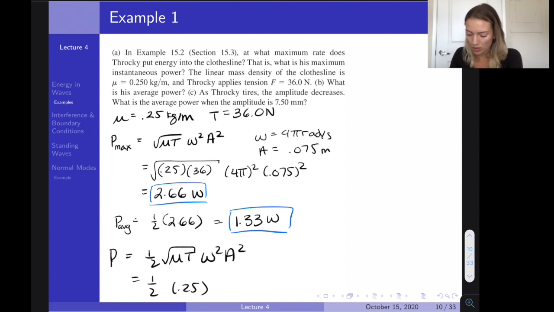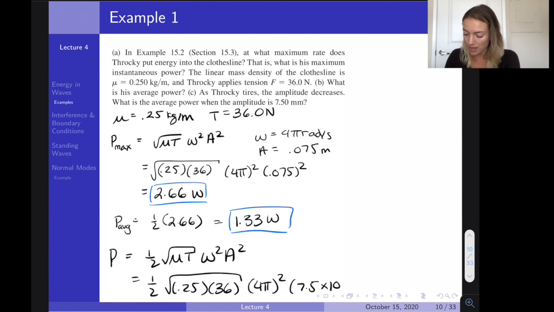So we're still going to have 0.25. The tension is still 36 newtons. Omega is still 4 pi radians. But now the amplitude is 7.5 times 10 to the negative 3 because it's millimeters. And this comes out to 13.3 times 10 to the negative 3 watts.